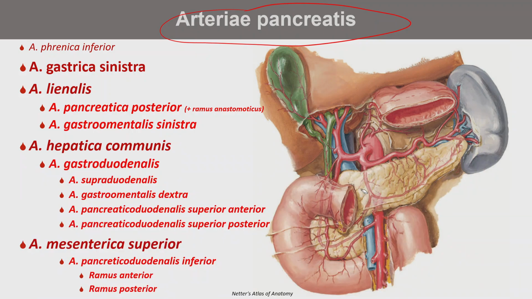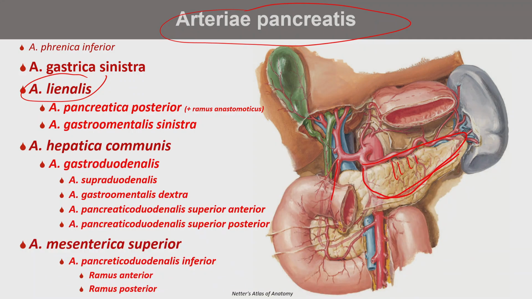So the pancreatic arteries are from the lienal artery. The lienal artery is supplying the pancreas, with short pancreatic vessels, and also the important posterior pancreatic artery.